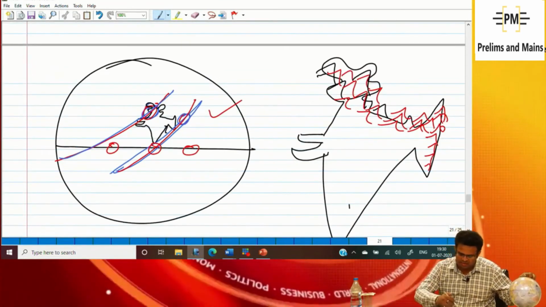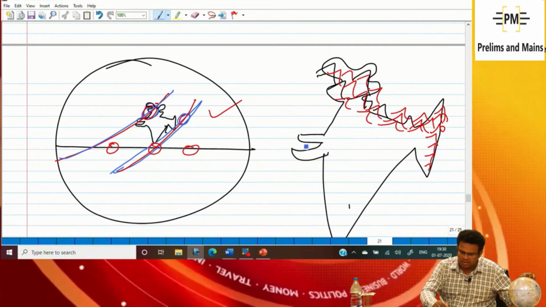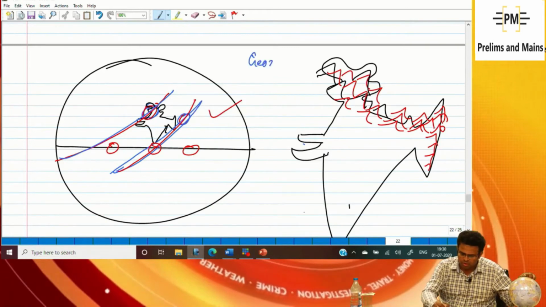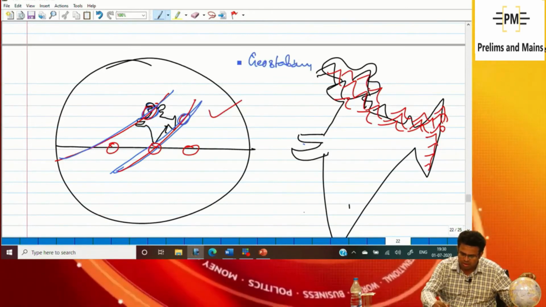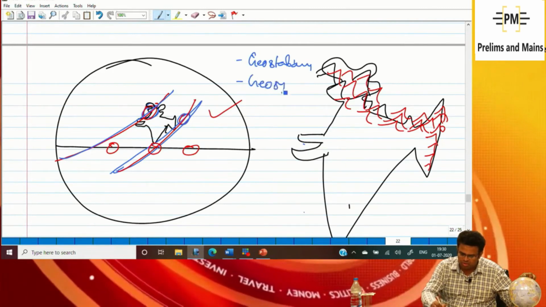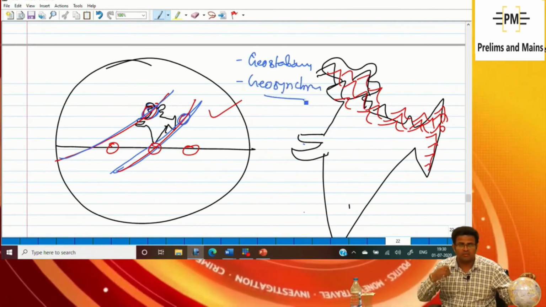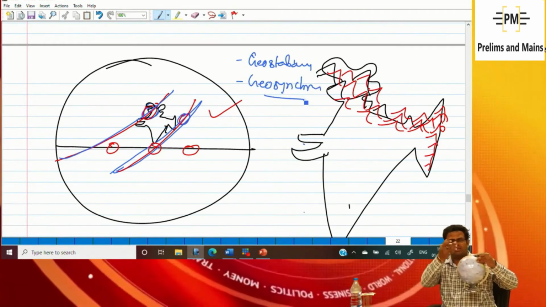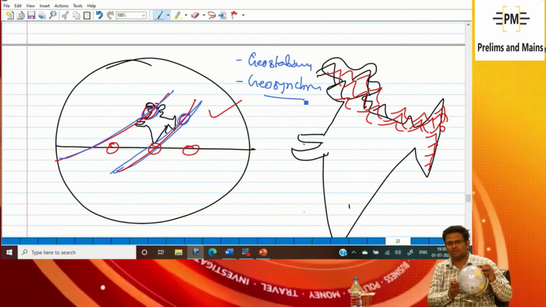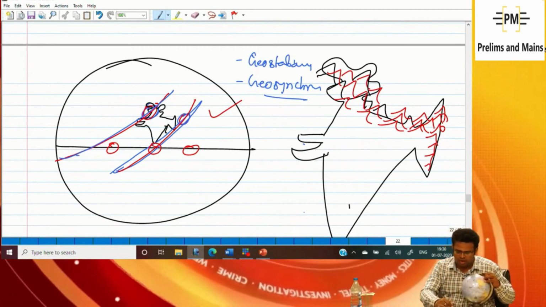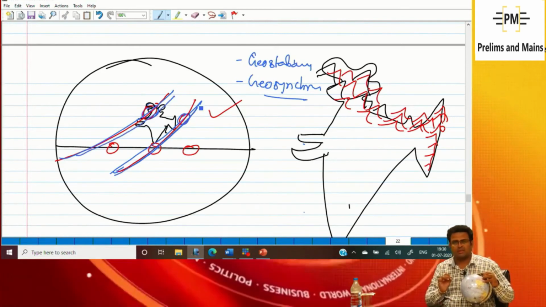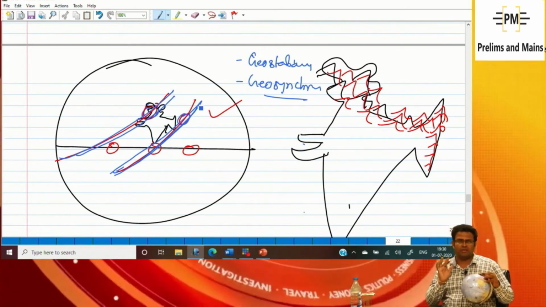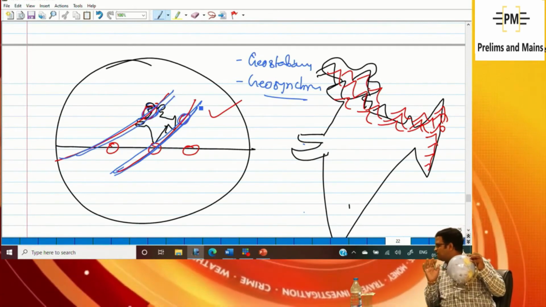This blue color line signifies that for India there is a need of geostationary, and there is a need of geosynchronous for the mountainous region where the signals are not able to reach. So I have to make an angle, inclined, meaning geosynchronous satellites. Yes or not? So I am covering this. One path is like this, one path is like this. So one side of the Himalaya and another side of the Himalaya, eastern Himalaya, western Himalaya, we have covered. Yes or not?